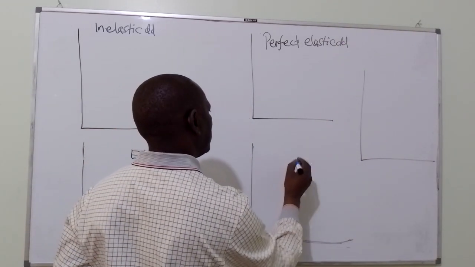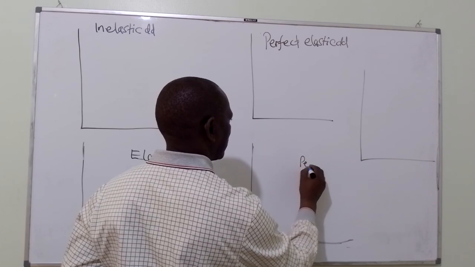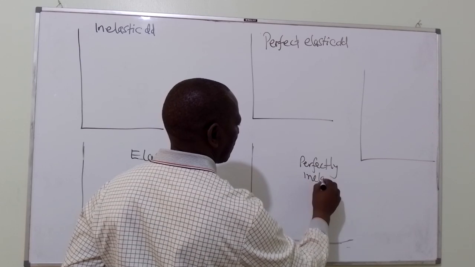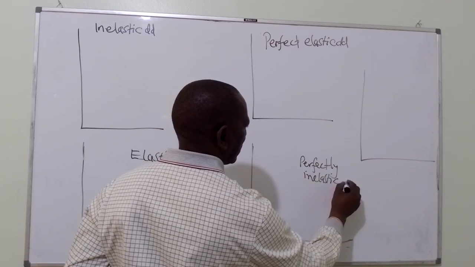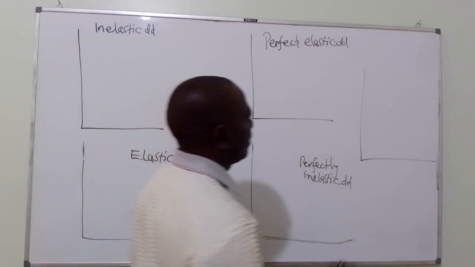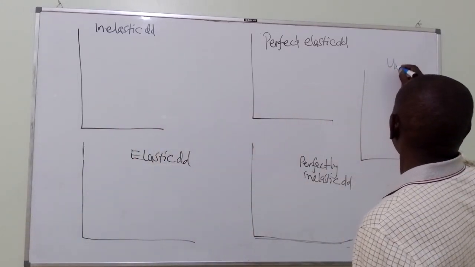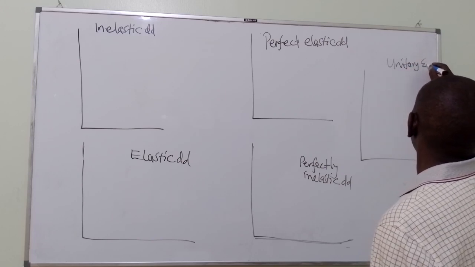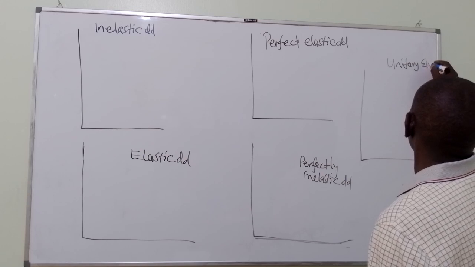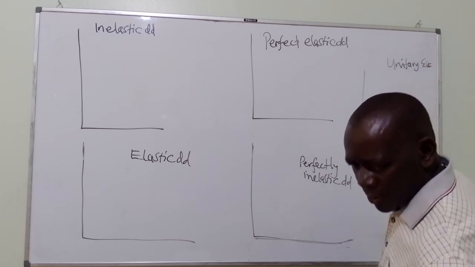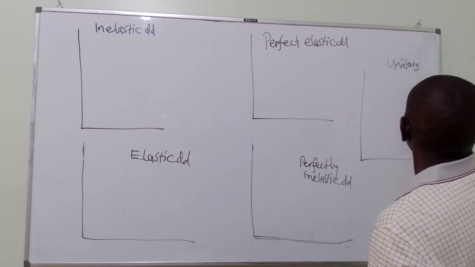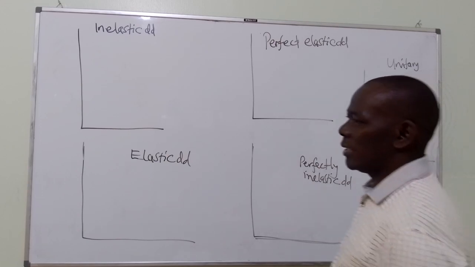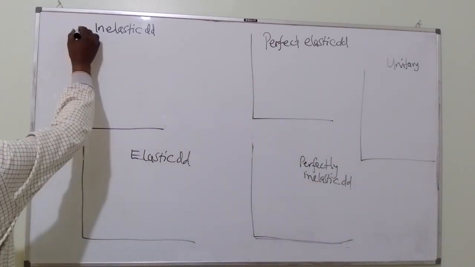And then we have perfectly inelastic demand. And then we have what we call unitary elasticity, or just say unitary. So elastic demand, unitary, and we label as we normally do.